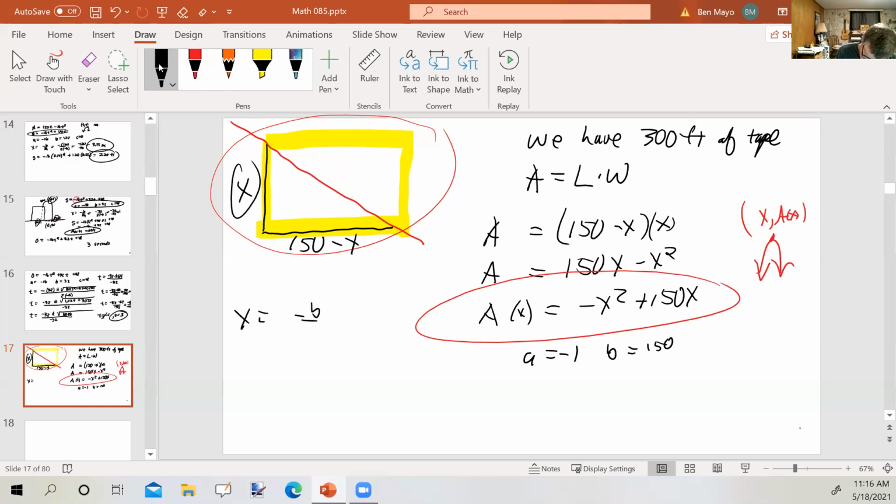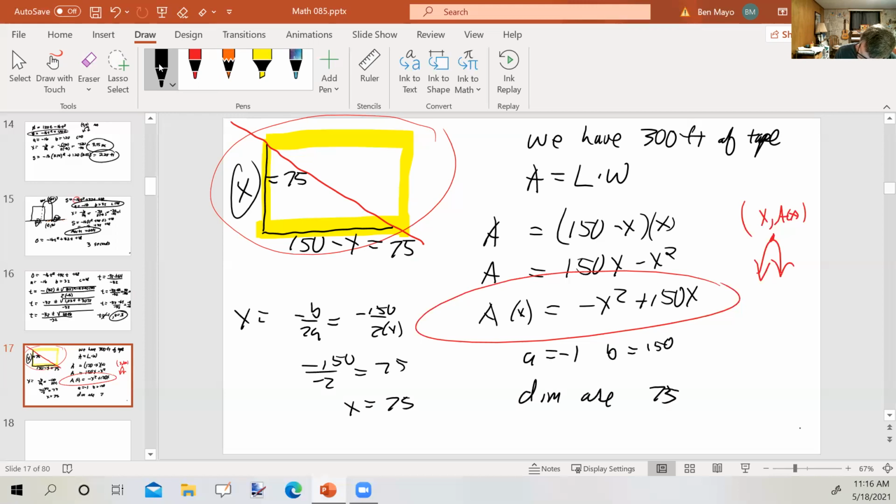X equals negative B over 2A, negative 150 over 2 times -1, negative 150 over -2 is 75. So X is 75. 150 minus X is 75. So the dimensions are 75 feet by 75 feet.